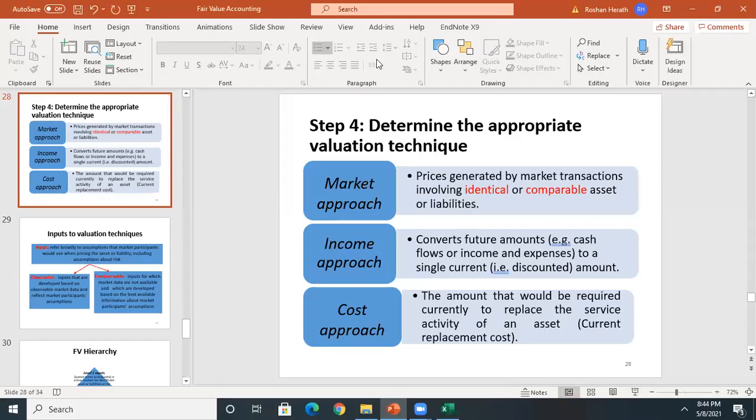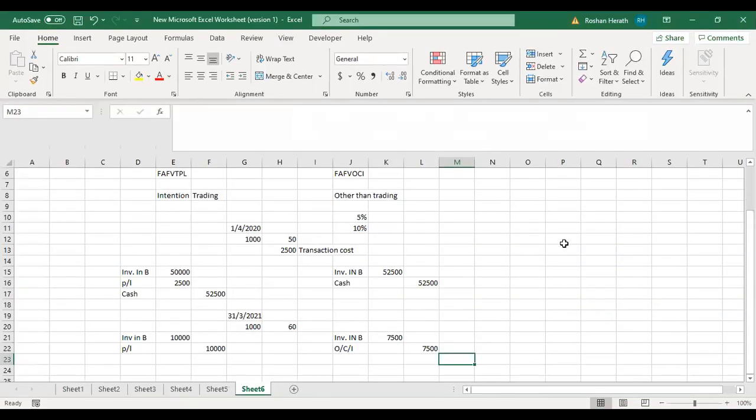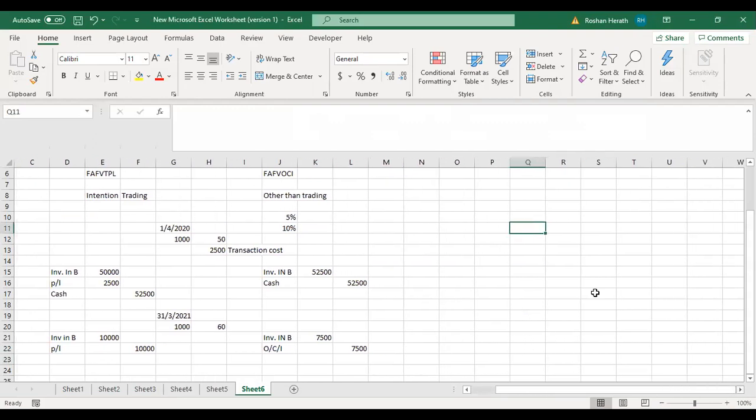Then how are you to get the current cost of this machine, or I would say the current replacement cost? It's like this: you have a particular machine, you purchased it for 10 million 3 years ago, and the useful life is 5 years.